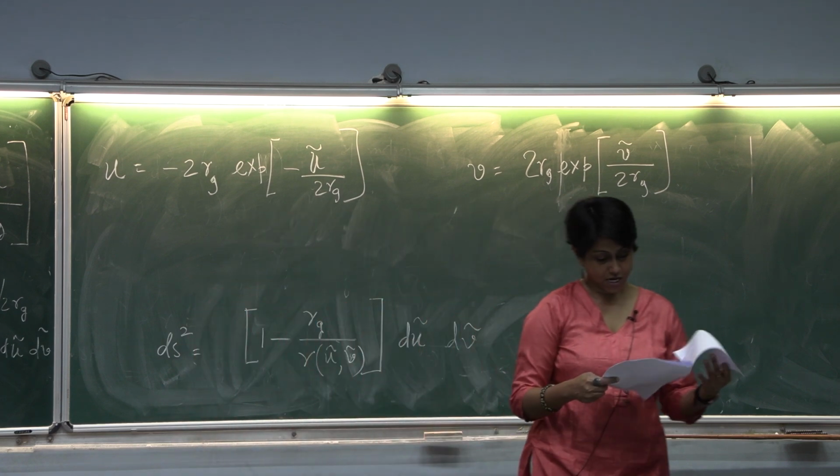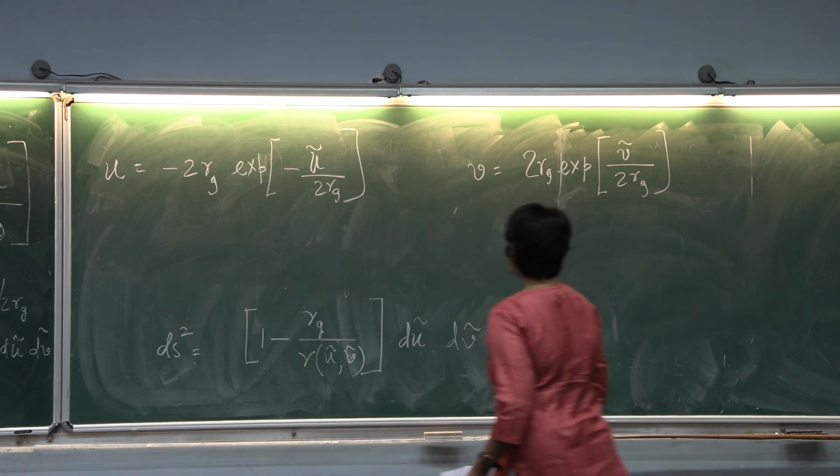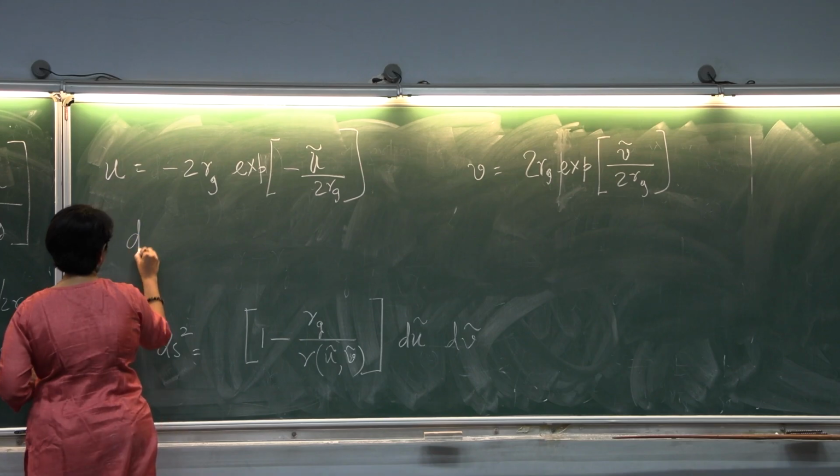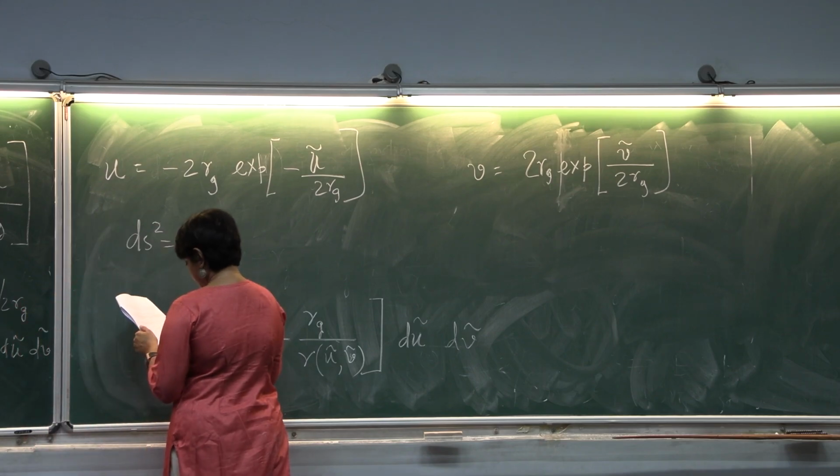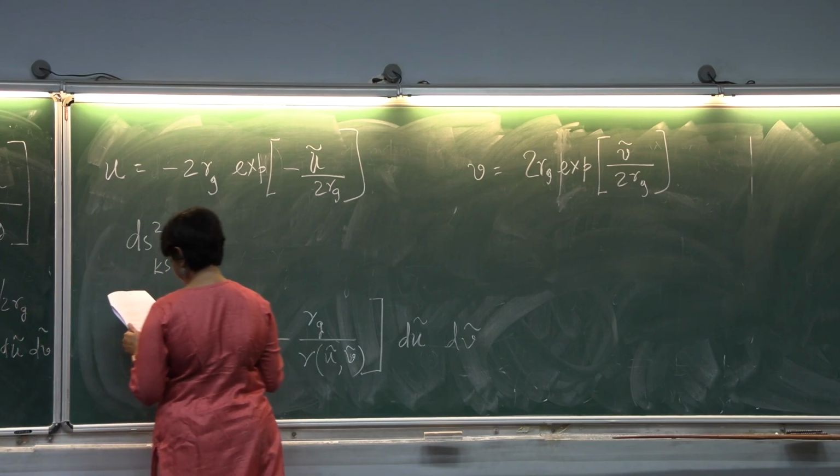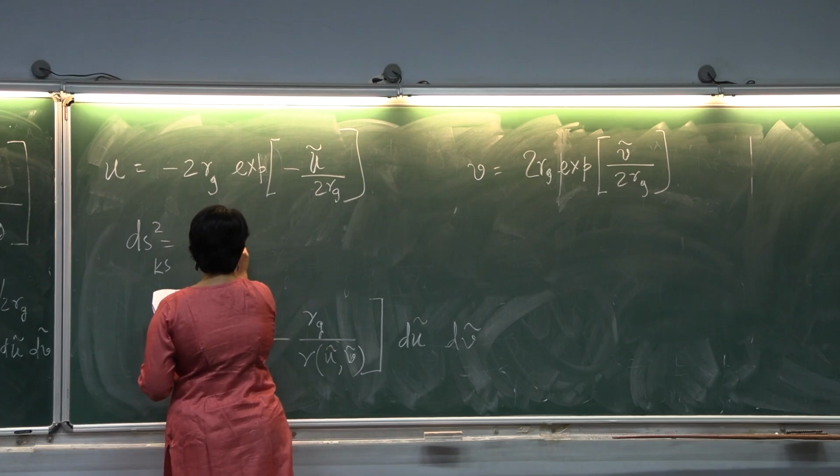So after this, I know you will be happy to see the form of ds square in the Kruskal-Szekeres coordinate system. It becomes like this.